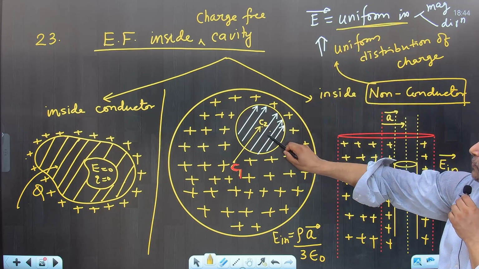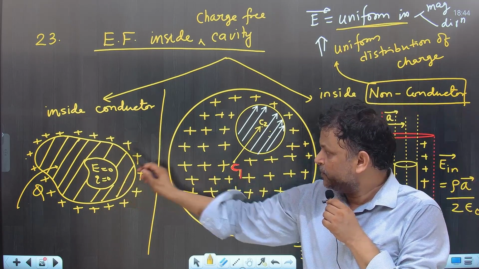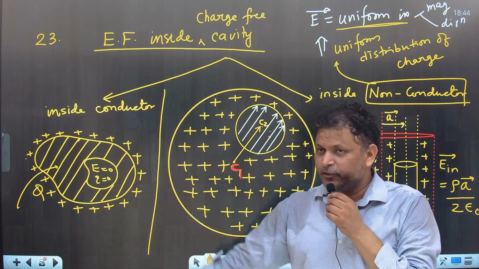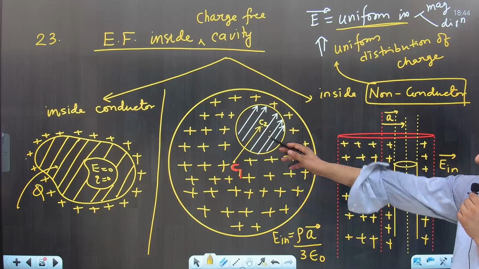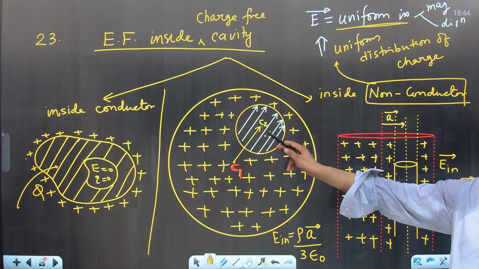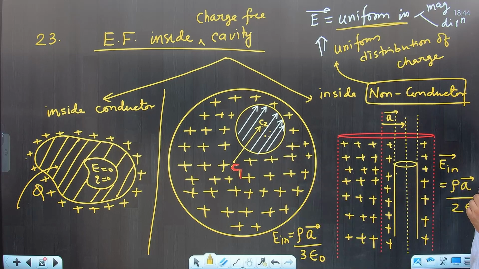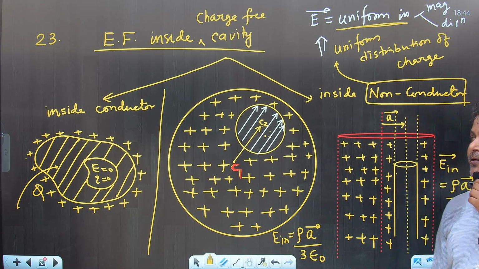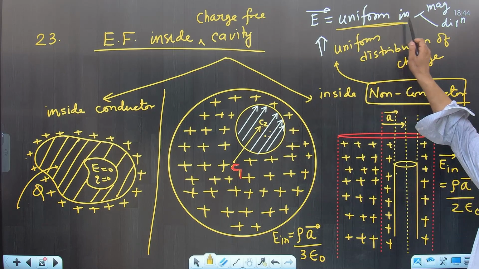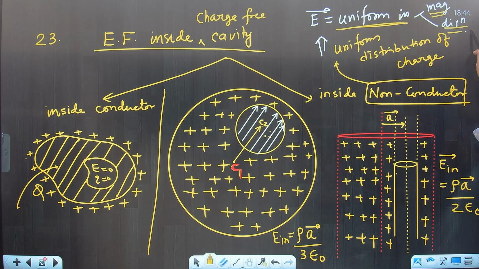In this cavity it will not be 0. Here it is 0. Both cavities have no charge. In this cavity electric field is 0, there is no charge, no electric field. In this cavity, although there is no charge, there is electric field. We will discuss in detail in Gauss law how it happens. And electric field is uniform inside this cavity in magnitude as well as direction.